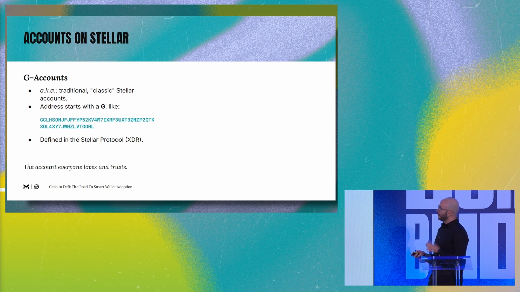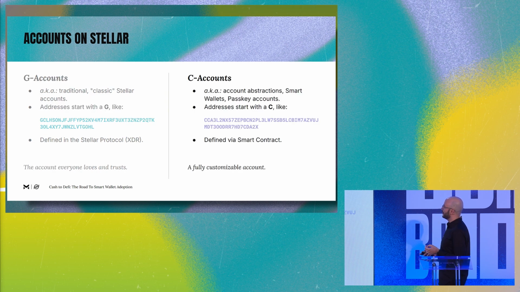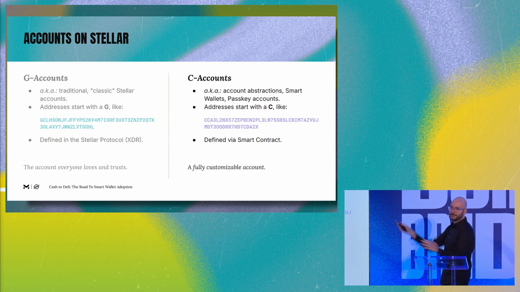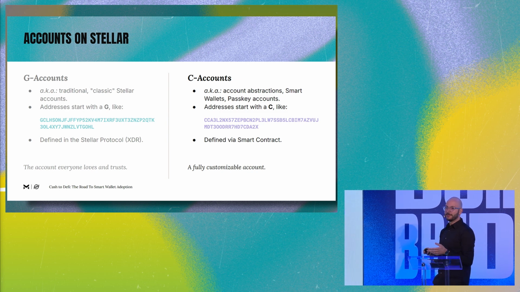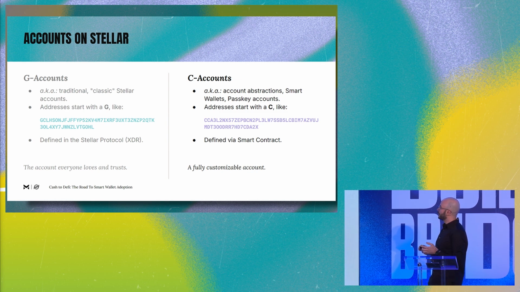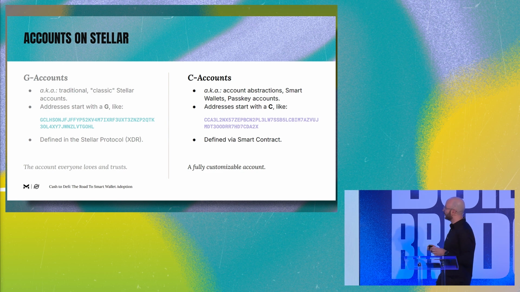Now, with the advent of Soroban, we've also introduced this idea of C accounts. These are also referred to, not interchangeably, they're not exactly the same thing, but lots of people call them account abstractions, smart wallets, passkey accounts, many names that refer to this thing here, which is an account whose address starts with a C. And in building Soroban, one of the decisions that was made is that every smart contract is itself an account.